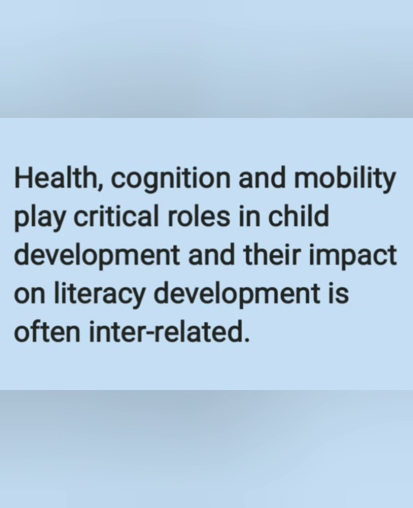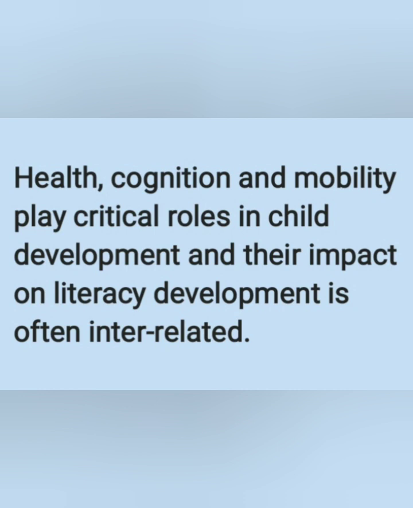Health, cognition, and mobility play critical roles in child development, and their impact on literacy development is often interrelated. So when we're looking at literacy development and the physiological factors, we always have to consider the health of a person, and the health of a person also affects how they view things, and how they move about in their environment generally.